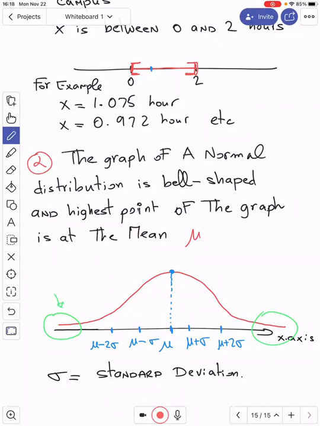The graph of the normal distribution doesn't intersect the x-axis. So it gets as close as you want, but it doesn't intersect the x-axis. So no intersection.